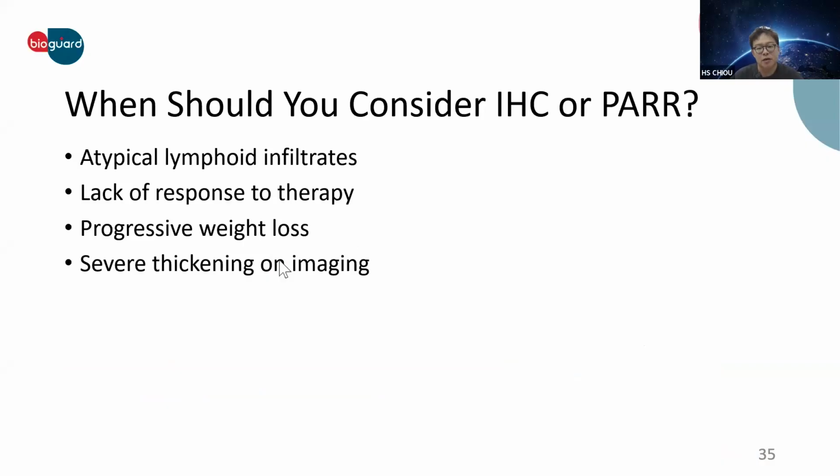In those cases, it may be appropriate to pursue additional diagnostics, such as CD3 and CD20 IHC stain or PCR for PARR. These tools don't replace histopath, but they increase our diagnostic confidence, especially when we are trying to distinguish inflammatory disease from early neoplasia. Because in cats, that line can be very thin.